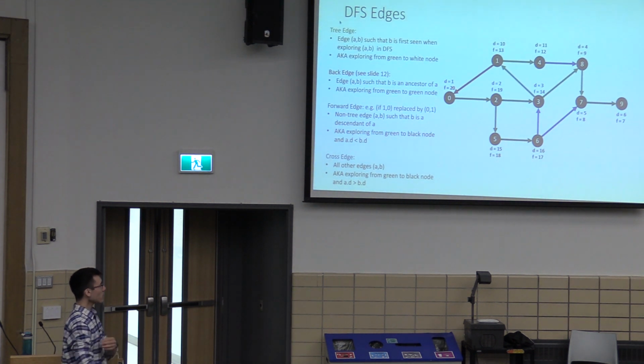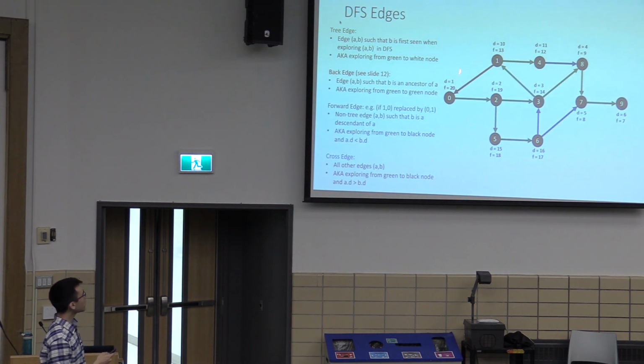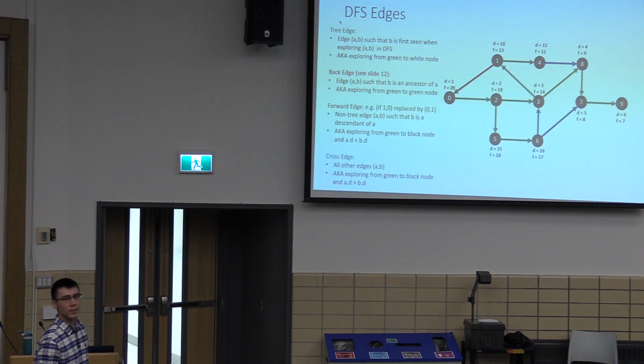Now, we're not going to prove it, but you can show that if you have a single back edge in a graph, then that warrants that there is a cycle in the graph. Because the back edge will always complete part of the cycle.